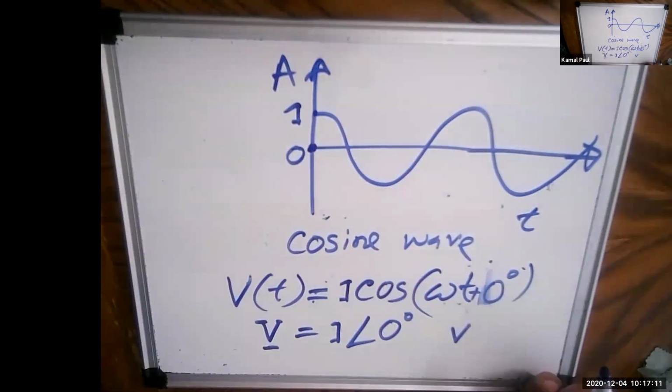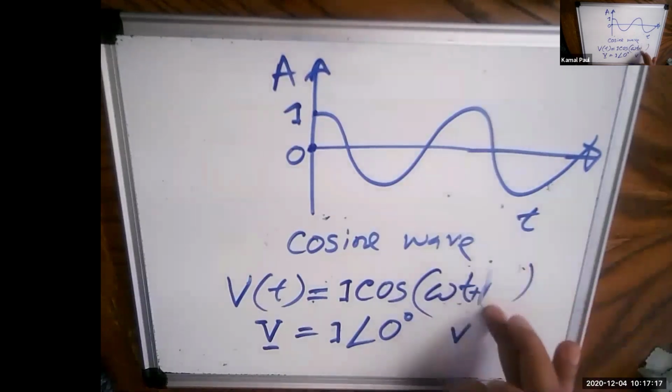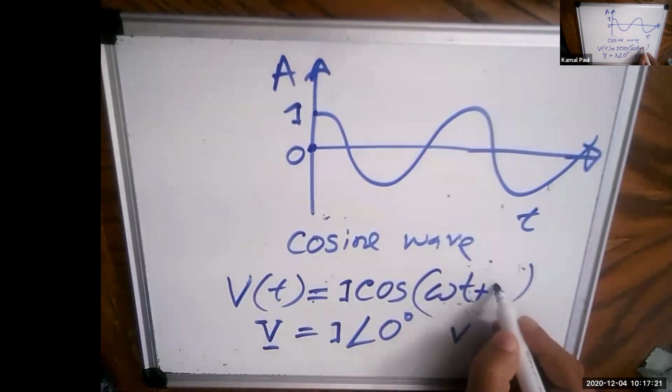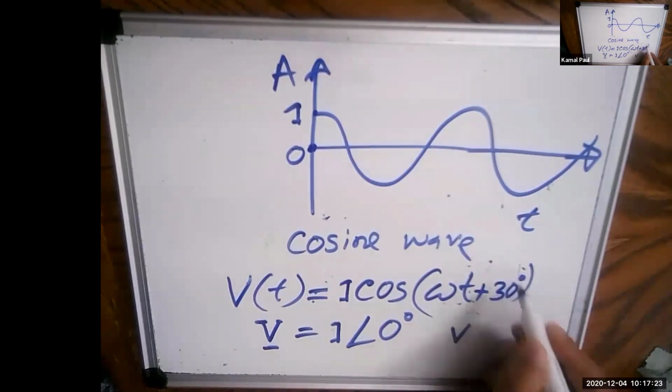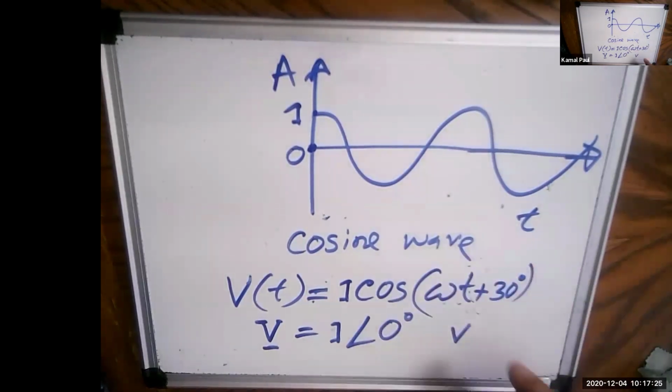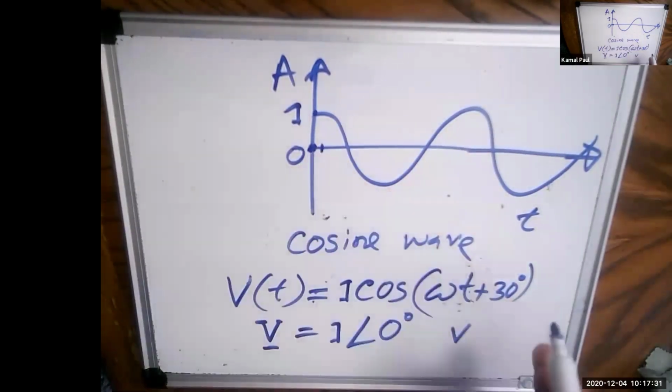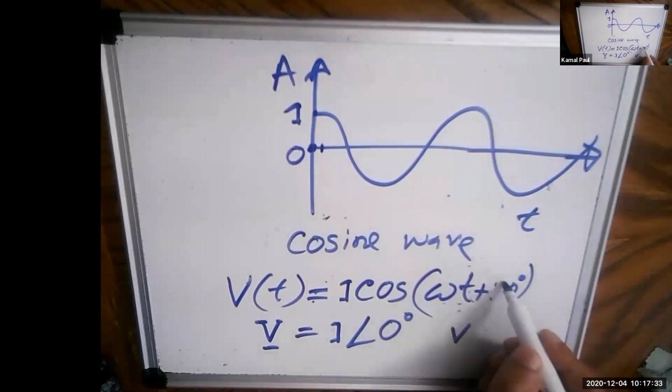Now, sometimes we will see that there is a phase shift, for example, 30 degree or 60 degree. What does it mean? Lagging and leading, right? If we say this is plus 30 degree, that means this is leading 30 degree. That means the wave is starting from some value. Okay, we will call it 60 degree, it will be easier.